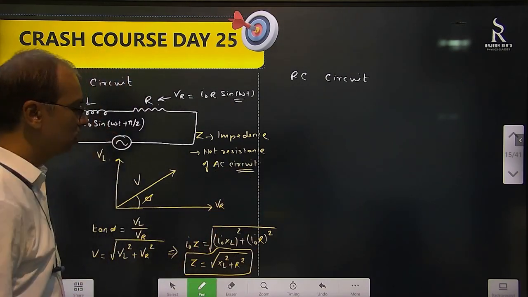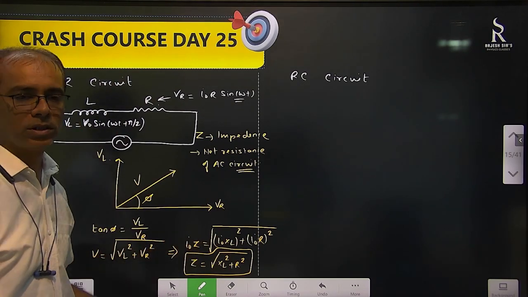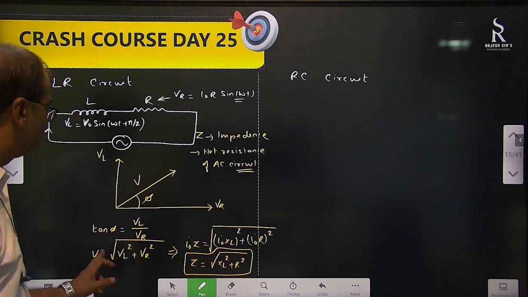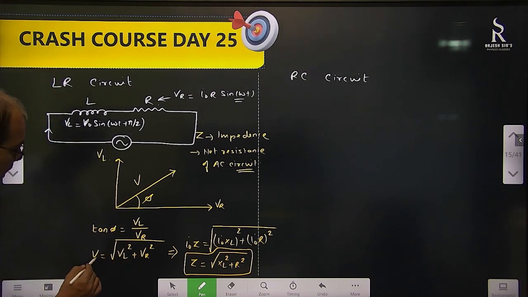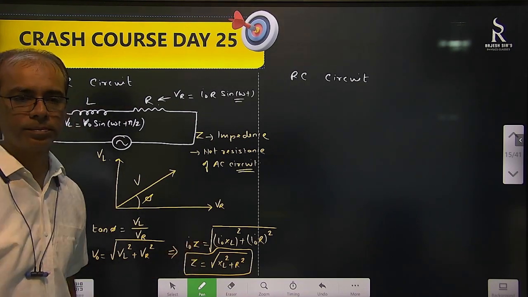So from here, V equals I naught Z. This will be V naught, remember, the maximum value. Then VRMS will be IRMS into Z.